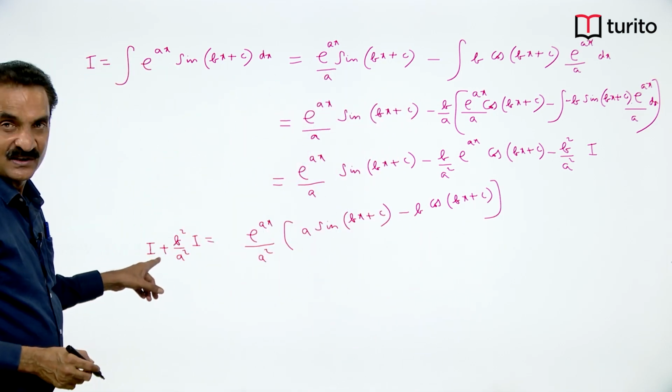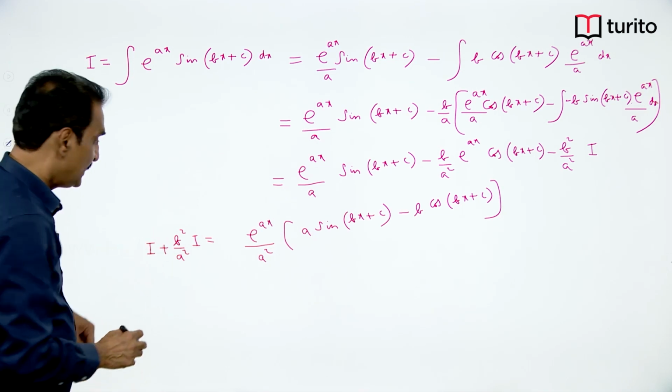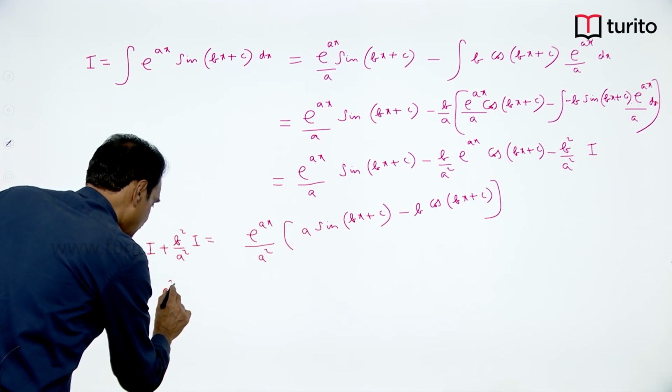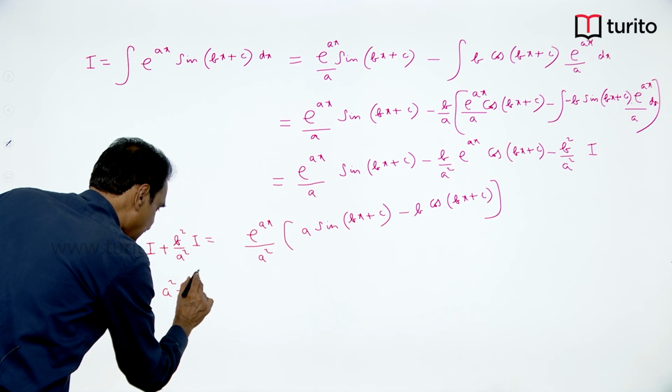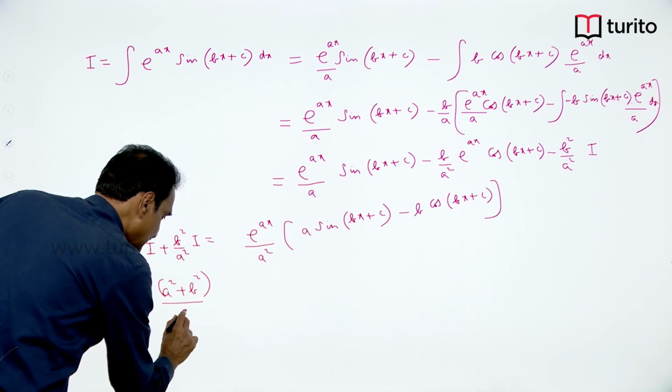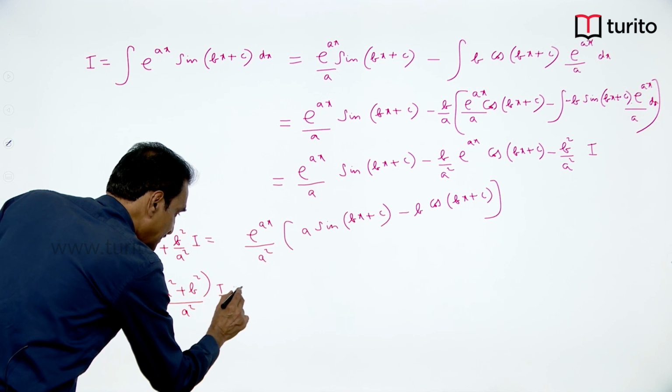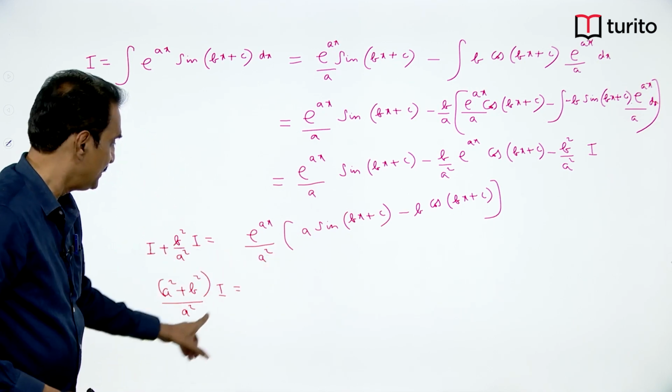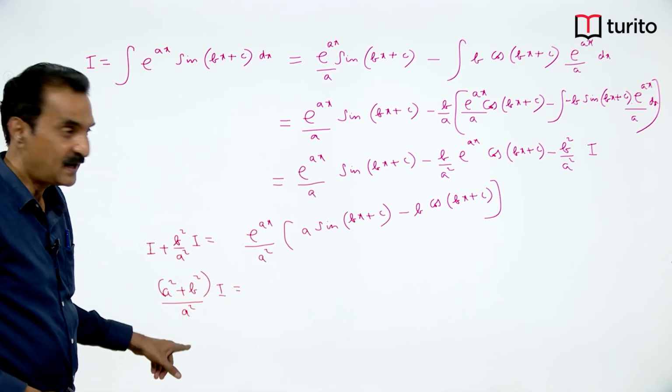You can simplify the LHS. Taking a² as LCM, you will get (a²+b²)/a² into I is equal to this. You can cancel a² in the denominator.